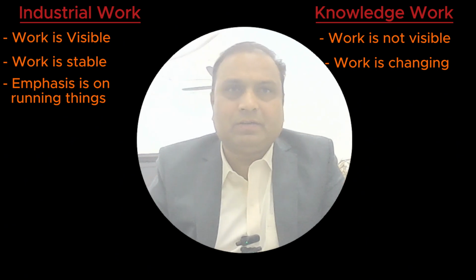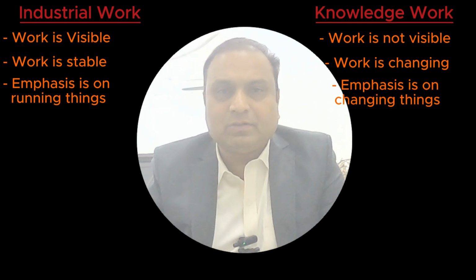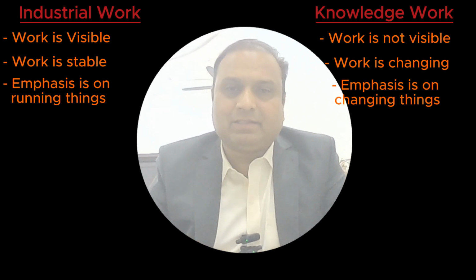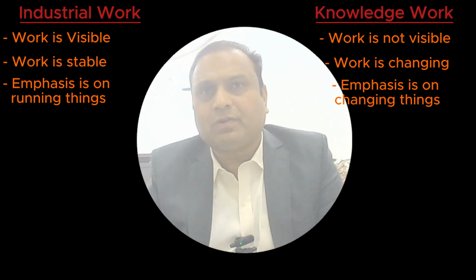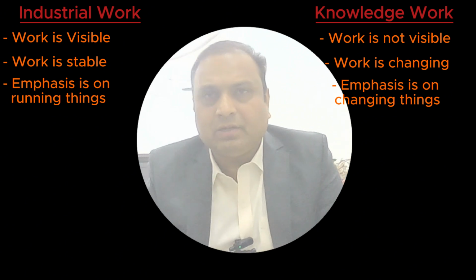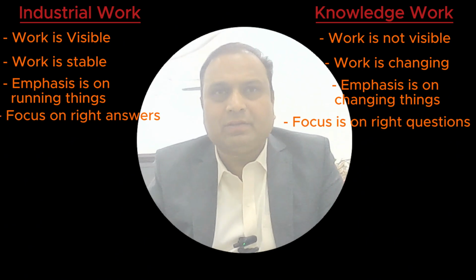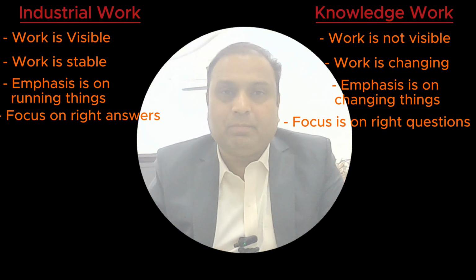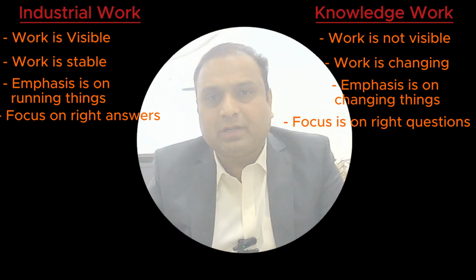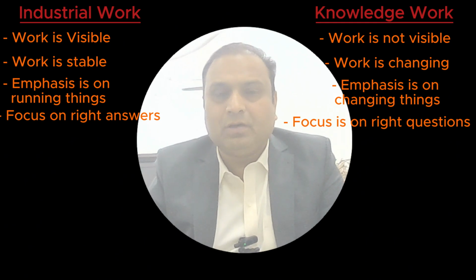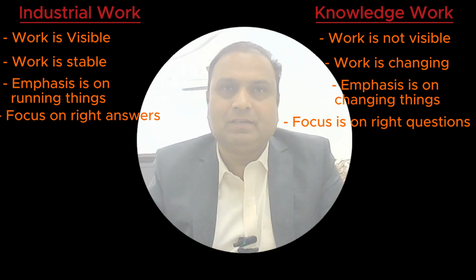In industrial work, emphasis is on running things, but in knowledge work, emphasis is on changing things. In industrial work, focus is on right answers, but in knowledge work, focus is on right questions.